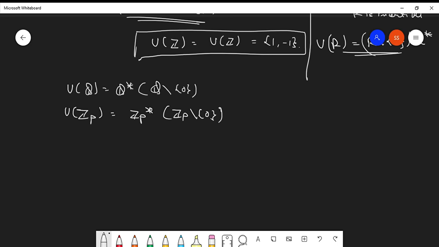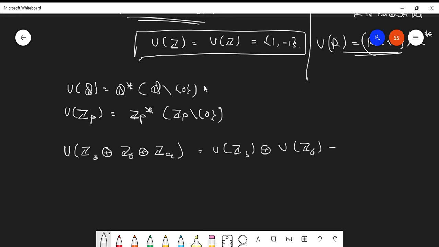What will be the units of Z3 ⊕ Z6 ⊕ Z9? We can write this as the units of Z3 ⊕ the units of Z6 ⊕ the units of Z9.